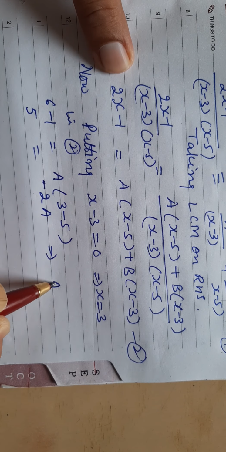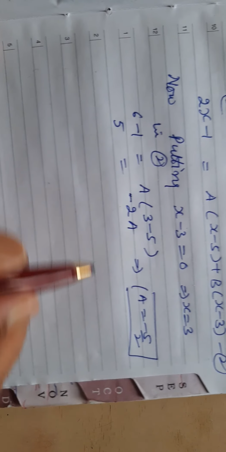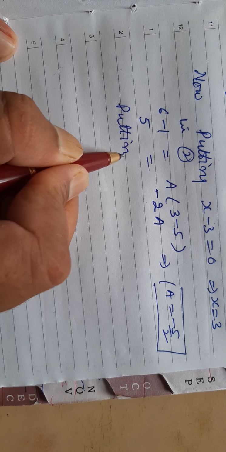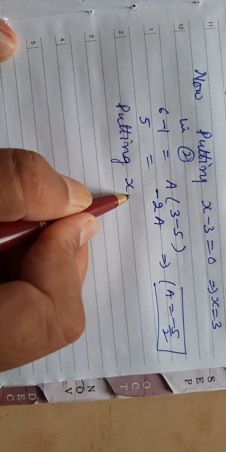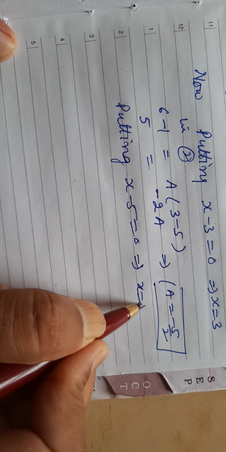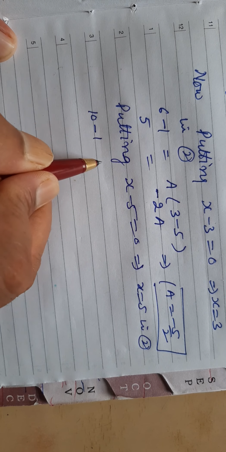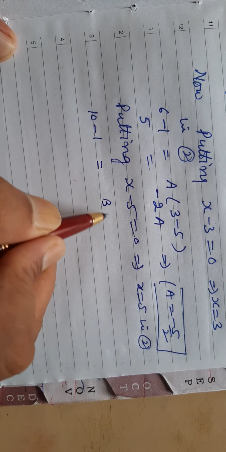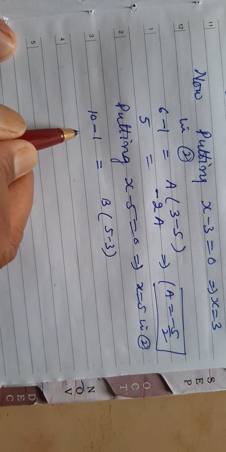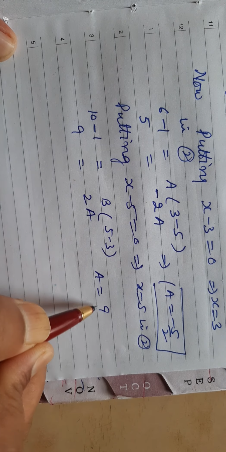This implies A is equal to minus 5 upon 2. Again, putting the second factor x minus 5 equal to 0, this implies x is equal to 5. We get 2 times 5 is 10, minus 1 is 9, equal to B times (5 minus 3), that is 2B, and B is equal to 9 by 2.